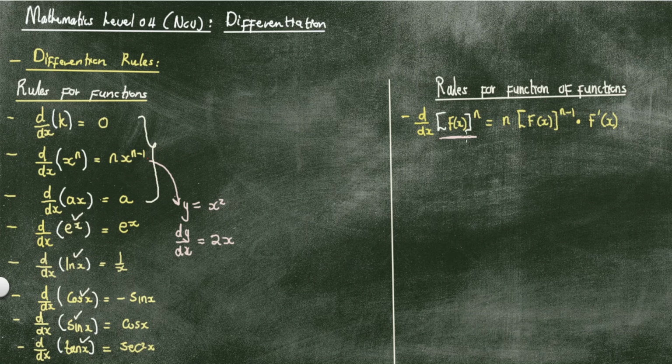Now, this is a similar case, but instead of just having x, you now have a function in the place of x. Let me show you what I mean. Here's an example: y equal to x plus 1 raised to exponent 2. These are not the same, but almost similar.